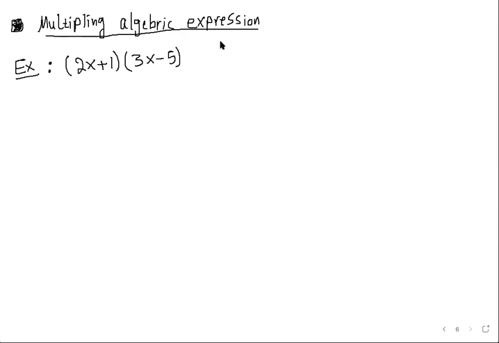So here we will use the distributive property from the first section in this book. That means we distribute the 2x by all the terms, and the 1 by all the terms. Who will do it? 2x times all the terms 3x minus 5, plus 1 times all the terms 3x minus 5.